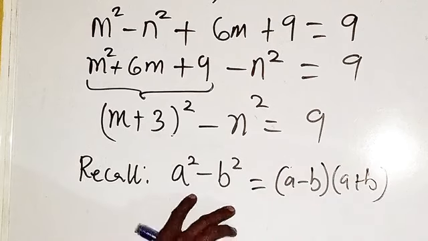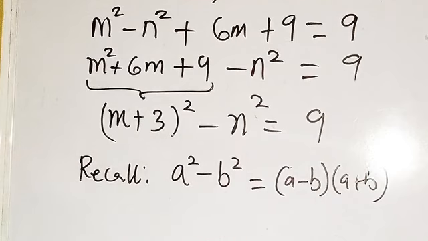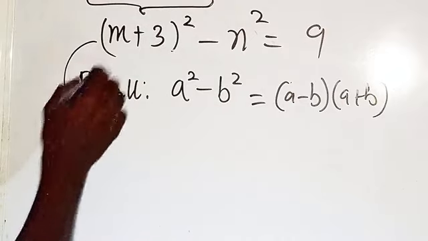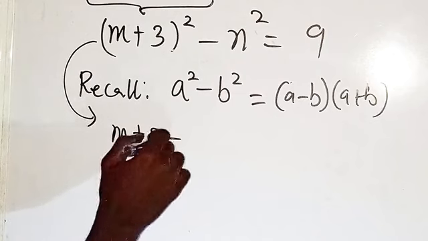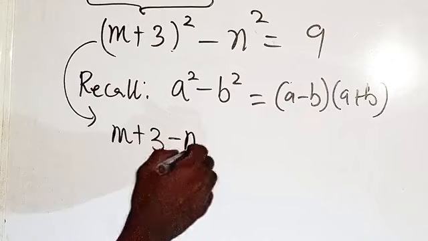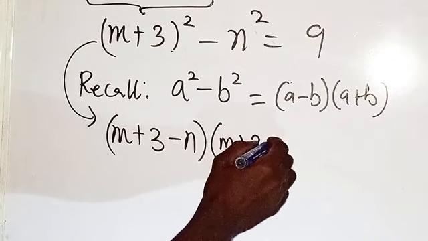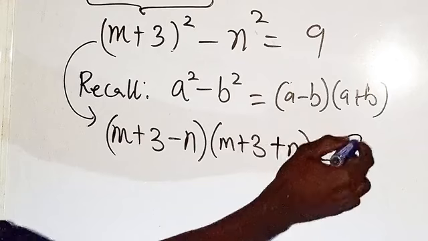We are going to use the same thing here. So m plus 3 is like my a and n is b. So it's going to be (m plus 3 minus n)(m plus 3 plus n), which equals 9.